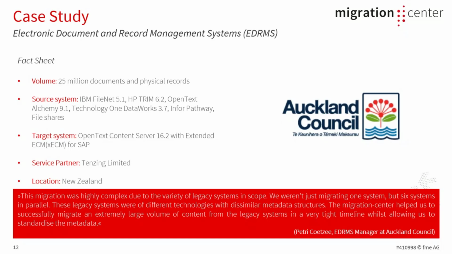It was also important to simplify and standardize the document and records management system, address functional constraints linked to the platform itself, and reduce the operational cost of the whole infrastructure.